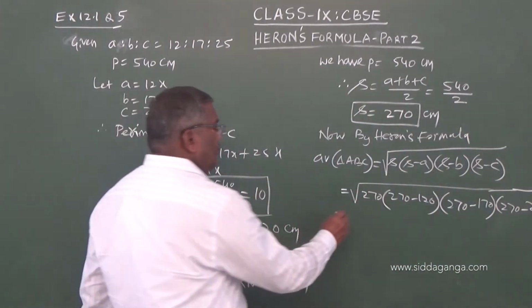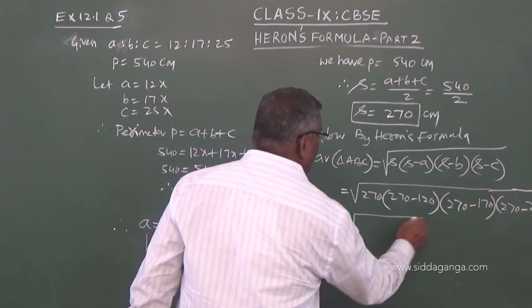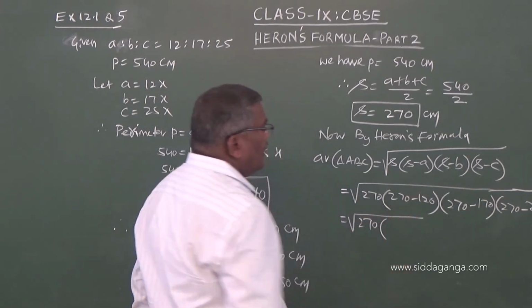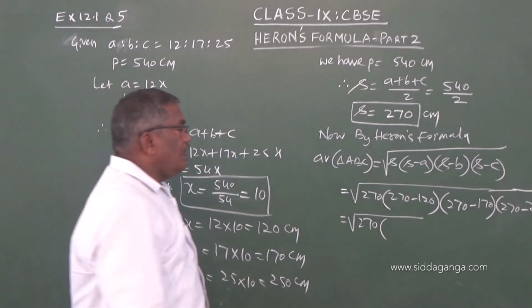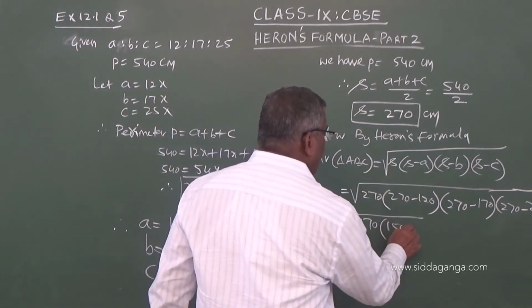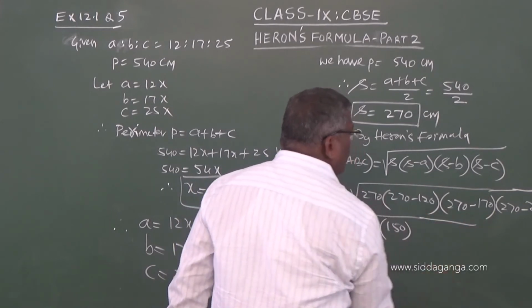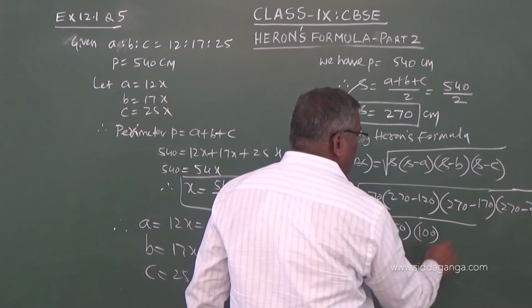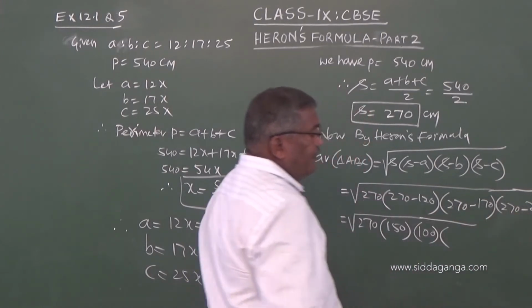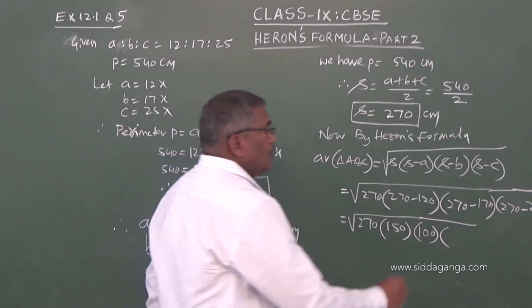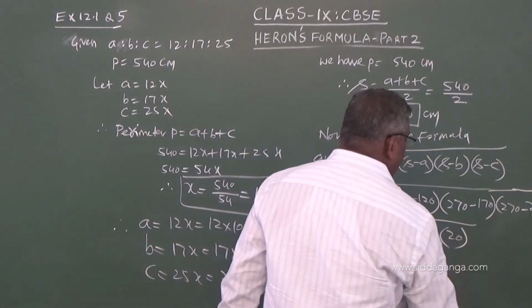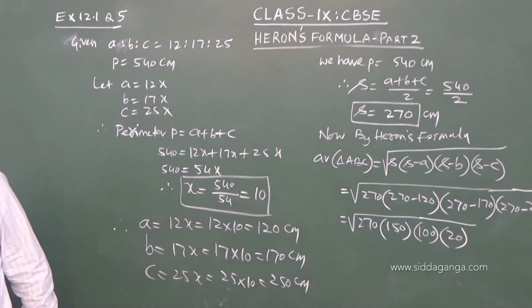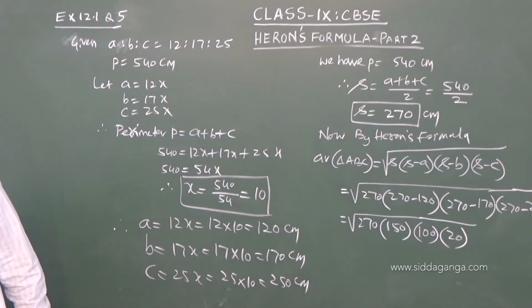This equals square root of 270 into 270 minus 120 is 150, into 270 minus 170 is 100, 270 minus 250 is 20. So 270 into 150 into 100 into 20.